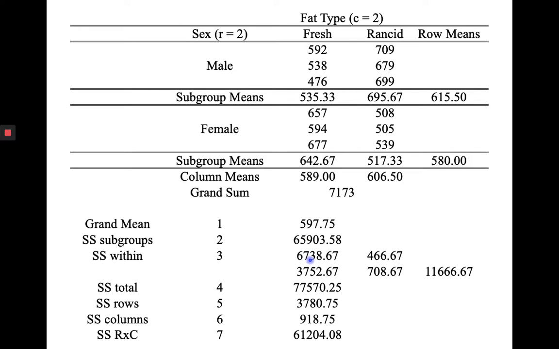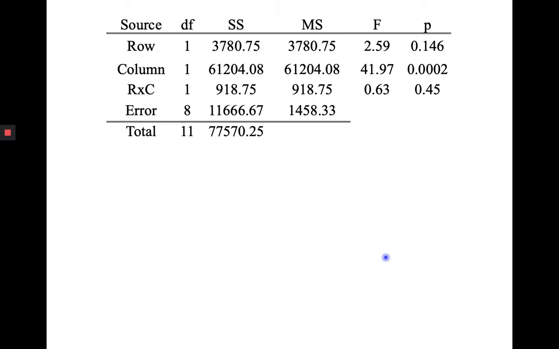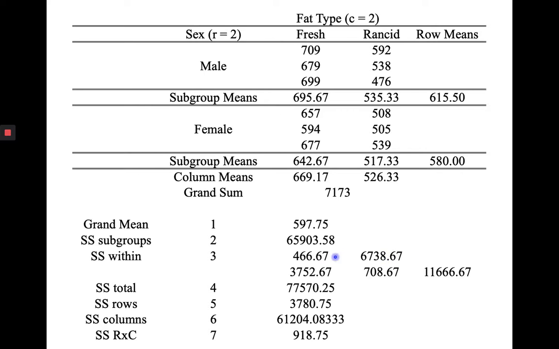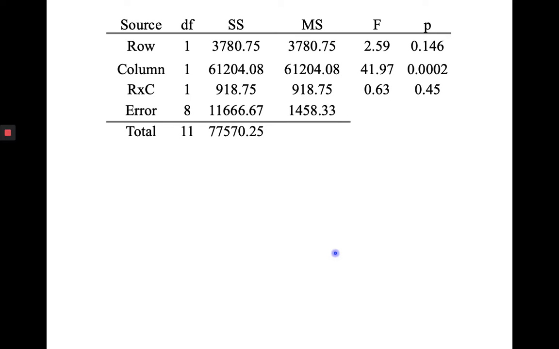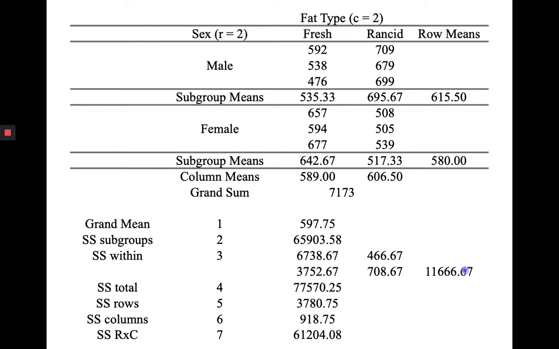In addition, the sums of squares within are the same. They've just switched places. There was 6738.67 here and 466.67 there. Going back to the previous example, we've just flipped those. But the total of the sums of squares within is still 11,666.67.